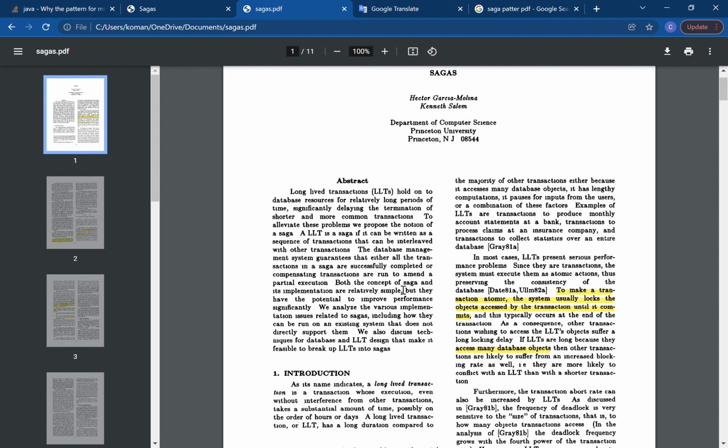Firstly, before reading this paper, this scientific research made 35 years ago, I would suggest you briefly understand how locks work inside a relational database like MySQL or PostgreSQL, because it absolutely relates to this paper.